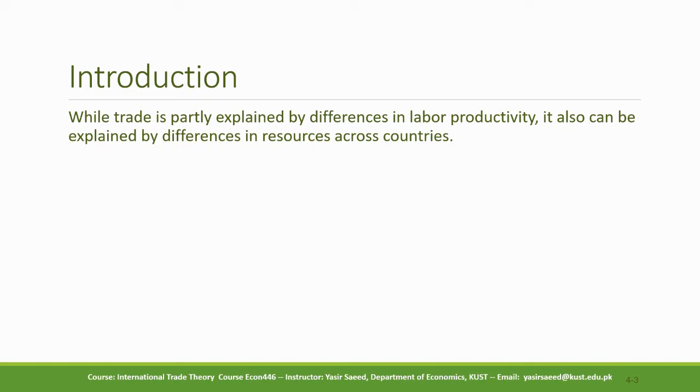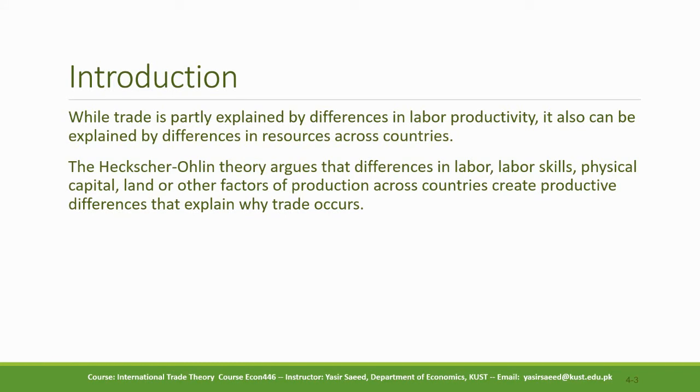Therefore we produce agricultural goods and Saudi Arabia will produce petroleum goods, and both these countries will trade with each other. So basically, Heckscher-Ohlin theory argues that not only the difference in labor, but the labor skills, the physical capital, the land, or other factors of production across countries create this productive difference.